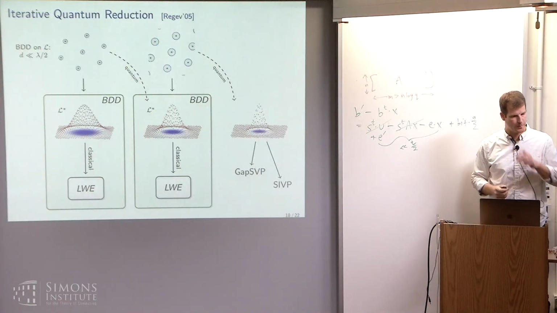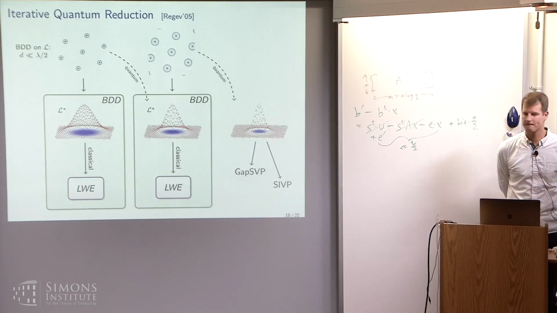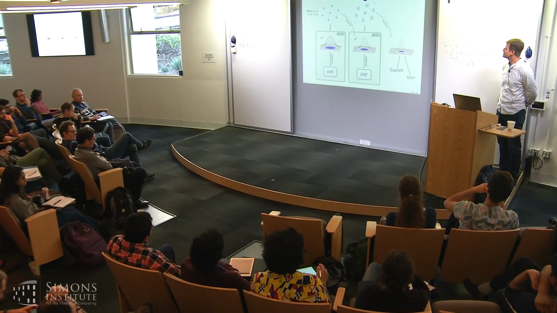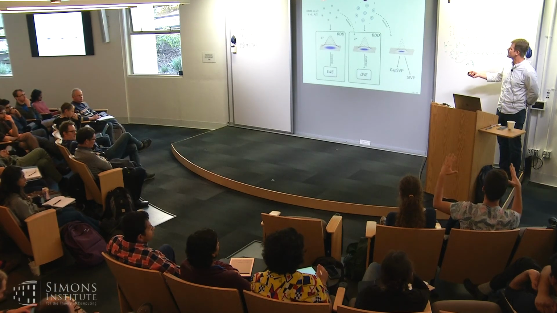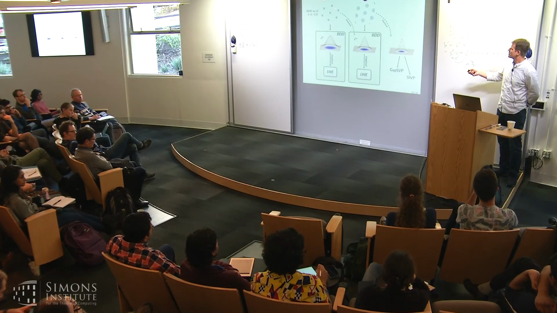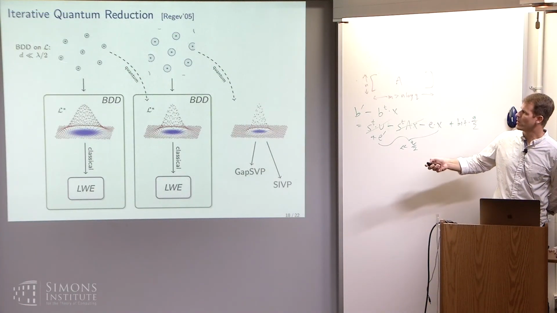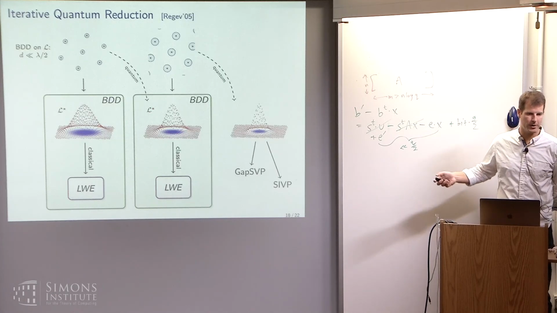Can you give some intuition why BDD with the quantum computer, narrow Gaussian? Right, so good. Why does solving BDD to this radius allow you to generate samples of this form here?